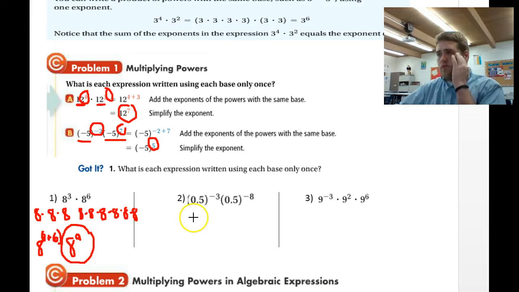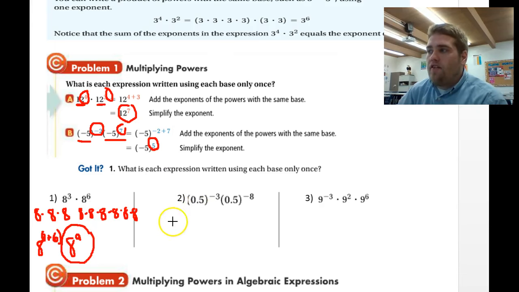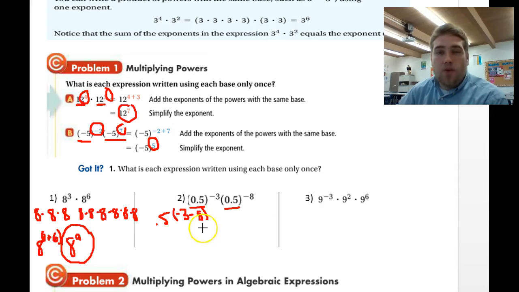Okay. On 2, I have 0.5, okay. And I have 0.5, so I have the same base. So my exponents are -3 minus 8. Well, -3 minus 8 gives me -11, so I have 0.5 to the -11th.